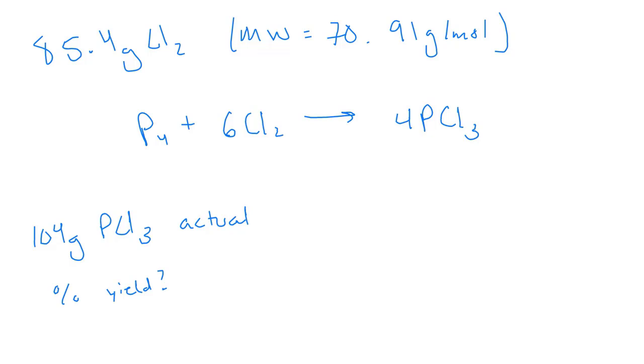So what should we do from there? Convert the Cl2 to moles. All right, I like that. So we have 85.4 grams, and to convert to moles, you want to use the molar mass: 70.91 grams per 1 mole of Cl2.